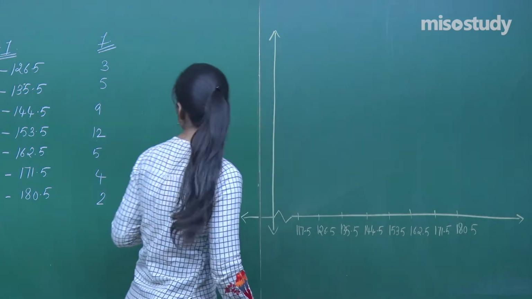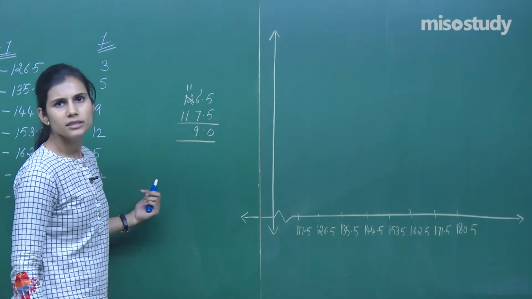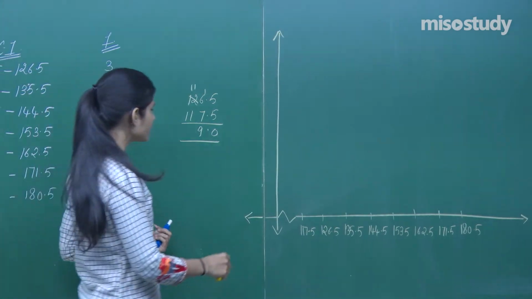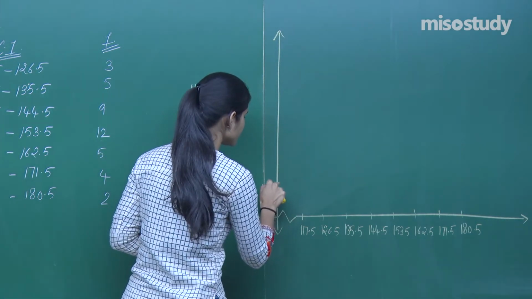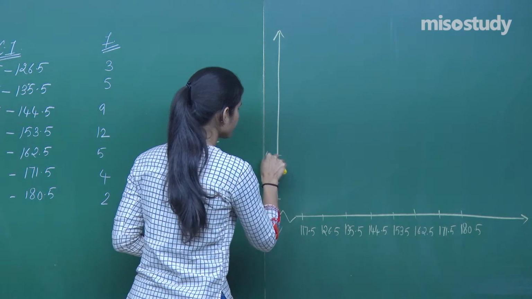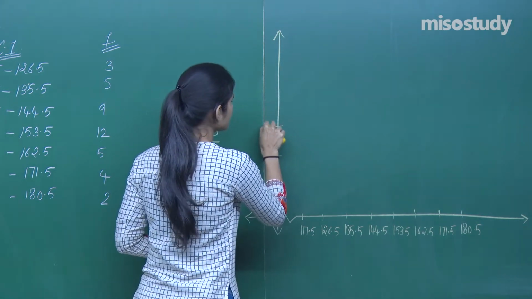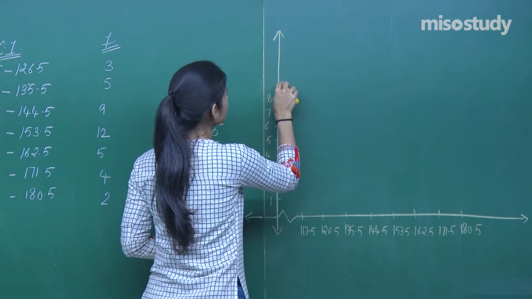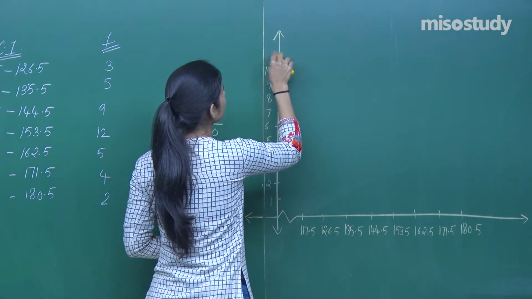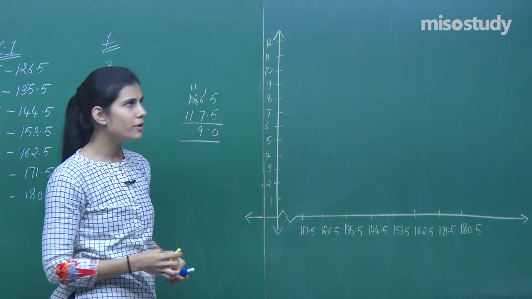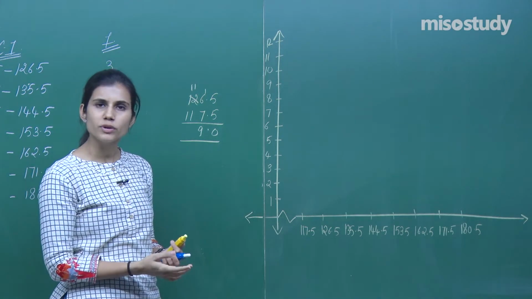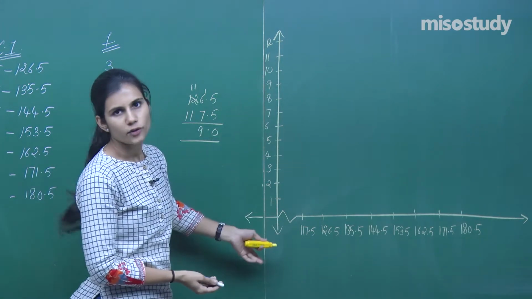On the y-axis, what is the scale you want to take? You can take it as 1, 2, 3, 4 up till 12 as well, or you can take 2, 4, 6, 8 and so on. So I take 1, 2, 3, 4 up till 12. One big division is of 1 unit only I am taking on the y-axis. Values are small, I can incorporate all 12 values. So I take from 1 to 12.